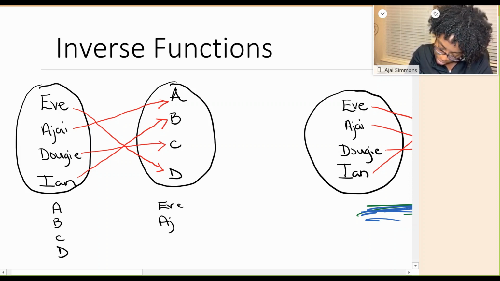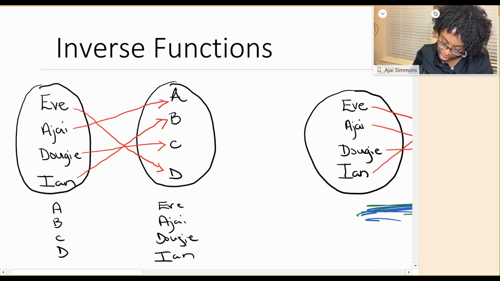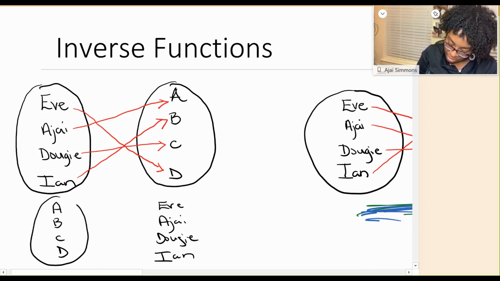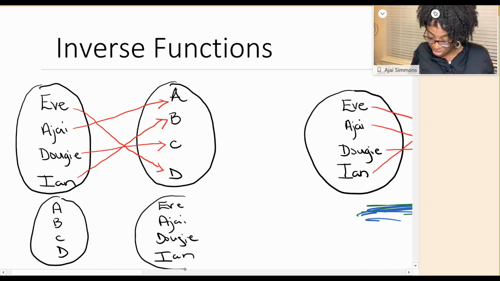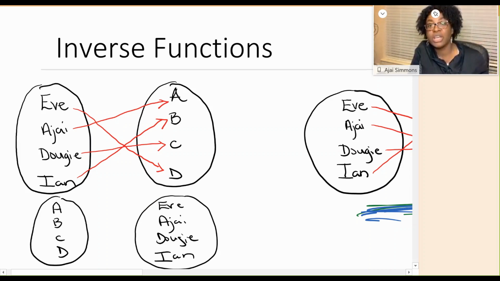Eve, Asia, Dougie, Ian. Okay, so I have my grades that are now my domain, and I have my students that are now my range, and the inverse is basically just switching everything, right?